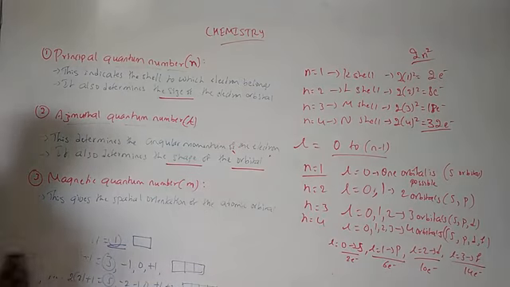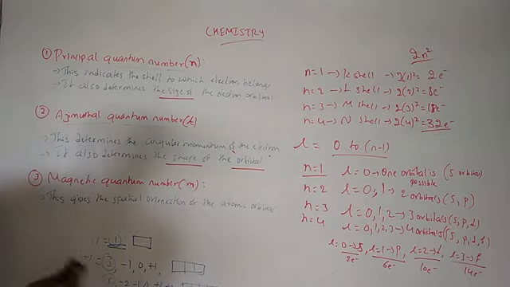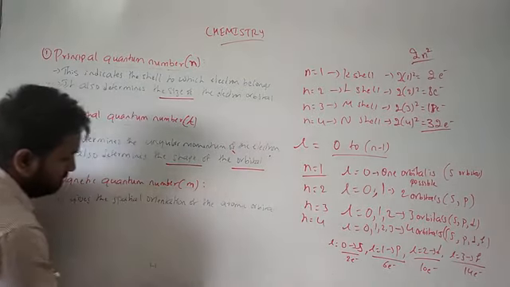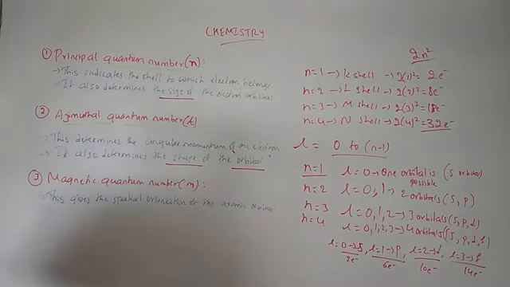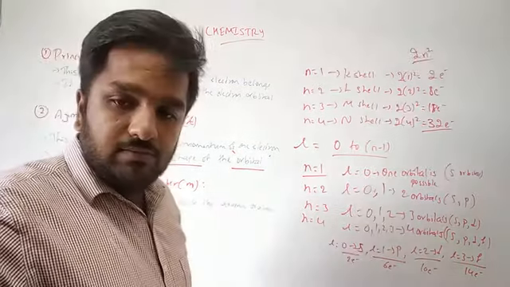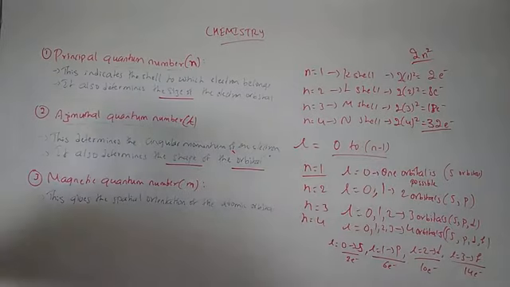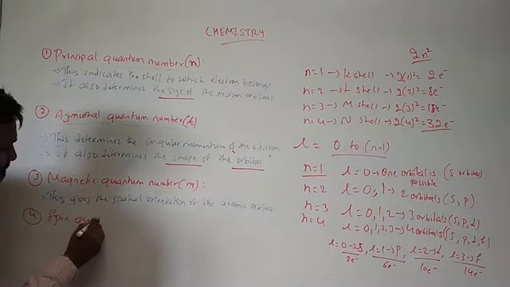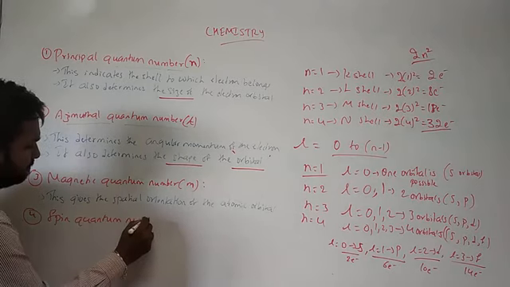Now let's go for the last one, the spin quantum number. The fourth one is the spin quantum number.